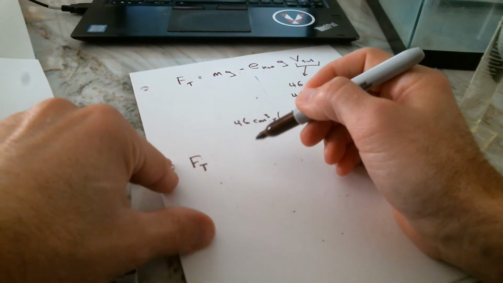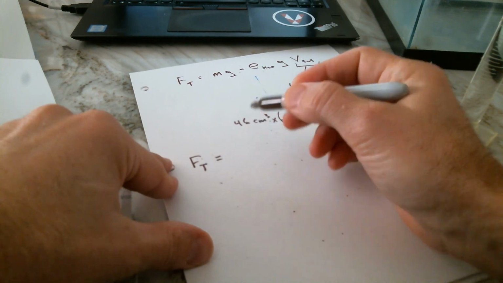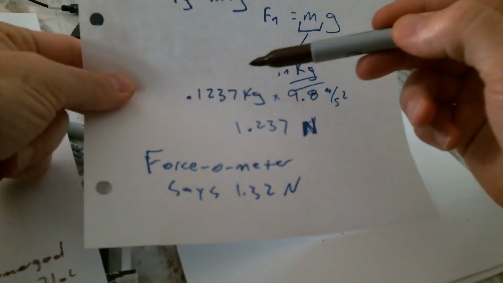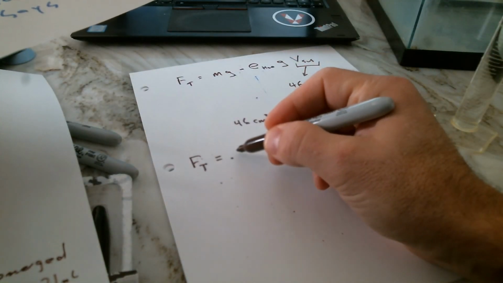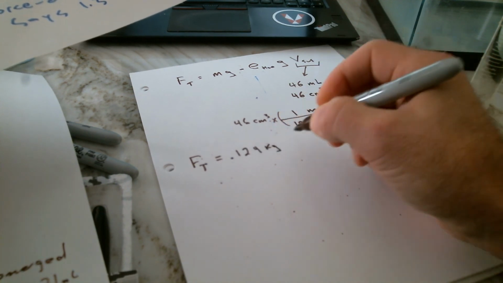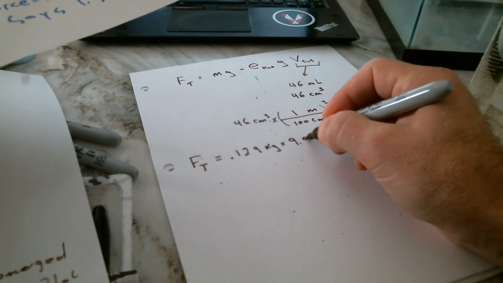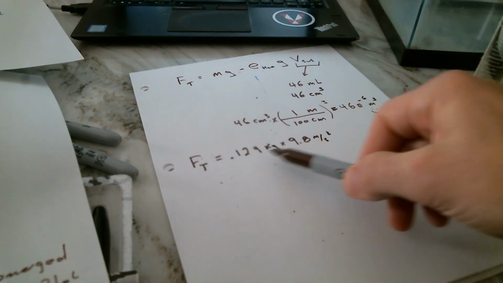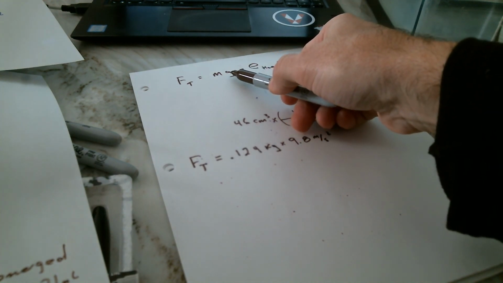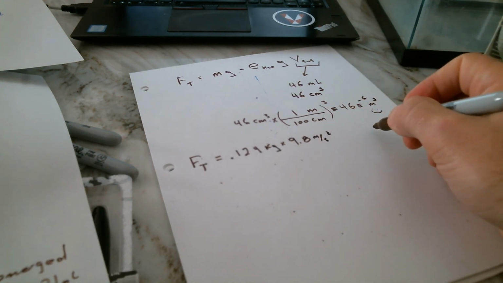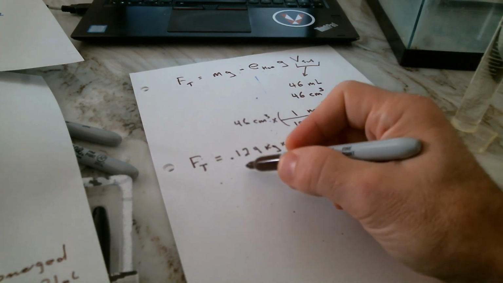The force of tension when I hold that sucker underwater should read something like this. That m, remember what we said the mass was in kgs, 0.1237. That's way too many digits. I'm just going to call it 0.124 kgs. I'm going to multiply that by 9.8 meters per second squared. That quantity is mg. From that, I'm going to subtract, and I ran out of room this way, so I'm going to just come down here. This is all the same equation.